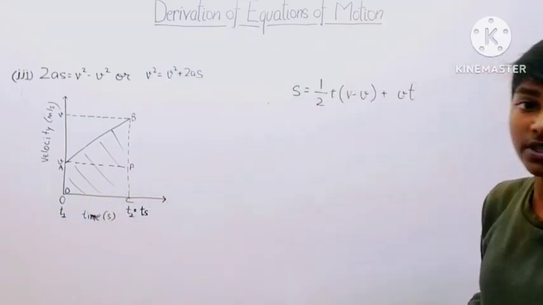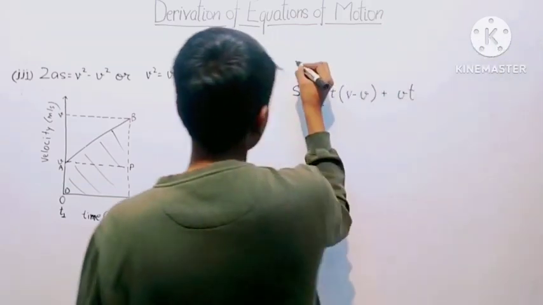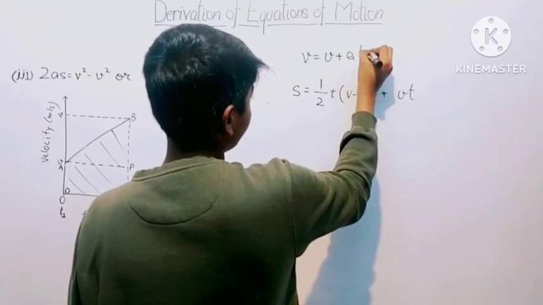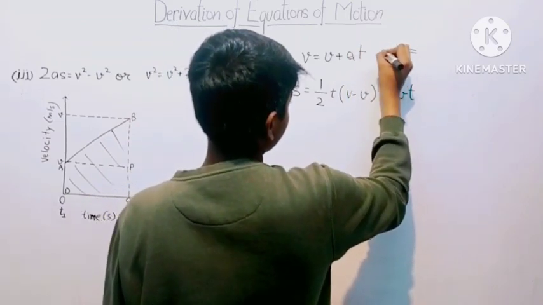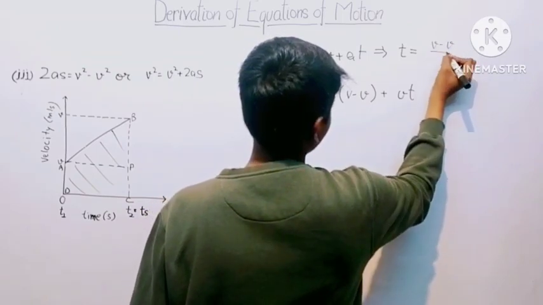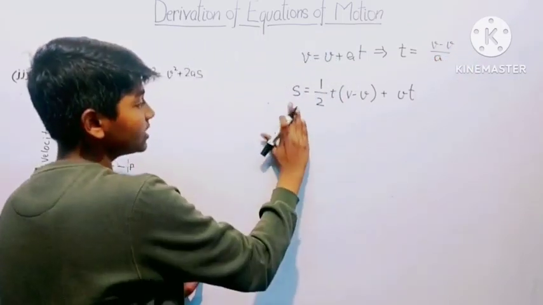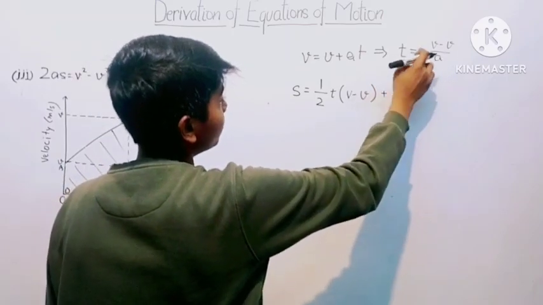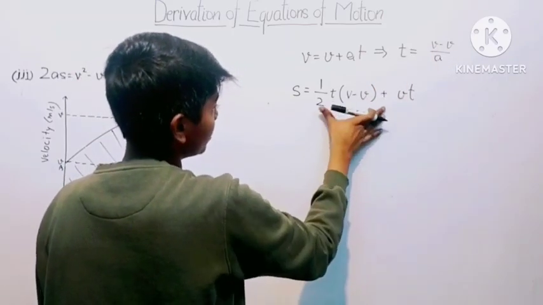And from the first equation of motion, which was v is equal to u plus at, we could derive t as (v minus u) upon a. Now we will put this value of t in this equation.